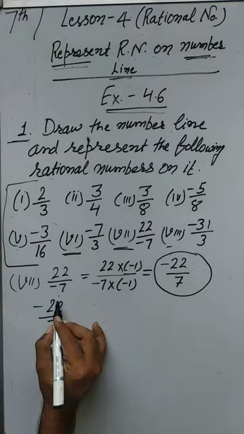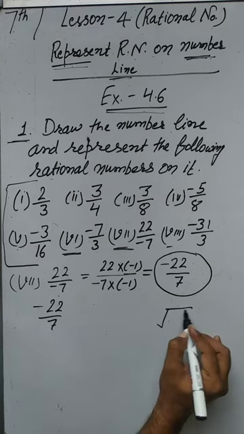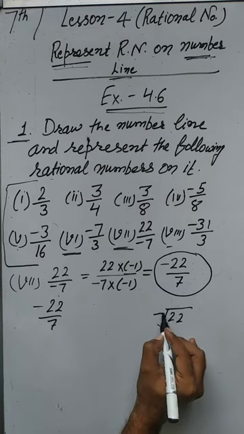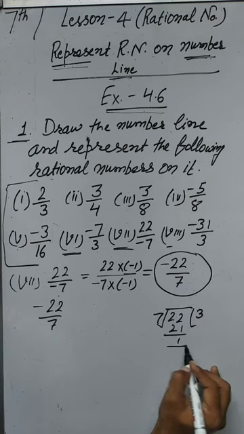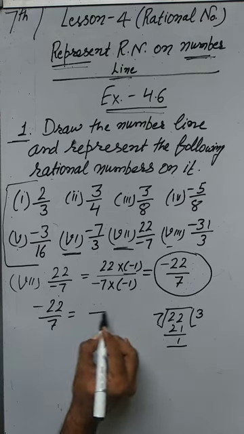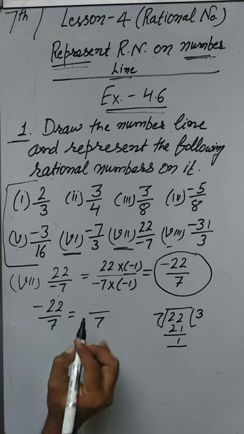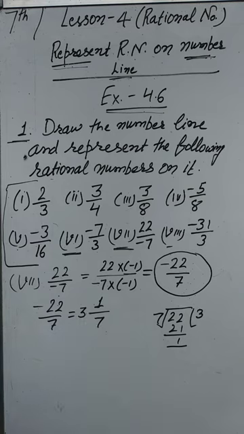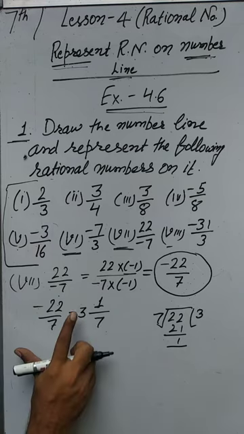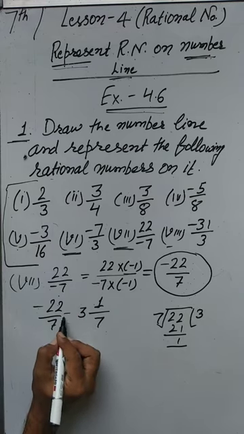I am changing 22 upon 7 into a mixed fraction. 22 divided by 7, 7 threes are 21. Remainder is 1. So it is equal to 3, and the remainder here is 1. Clear? And the sign is minus.